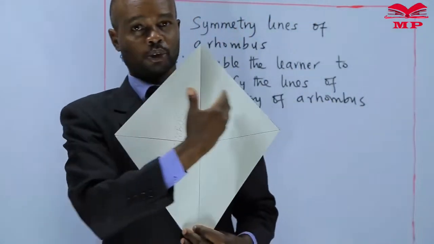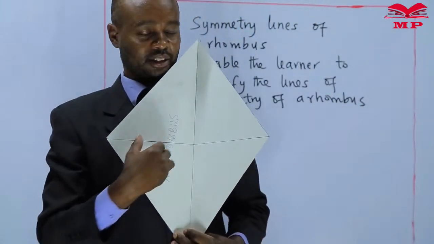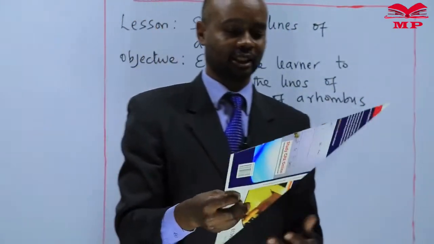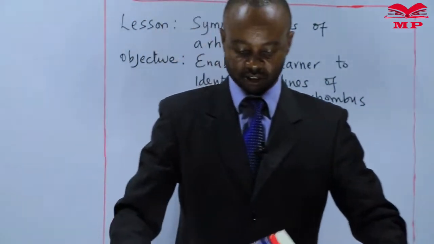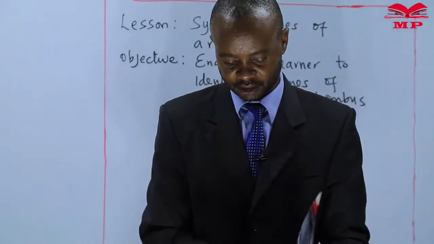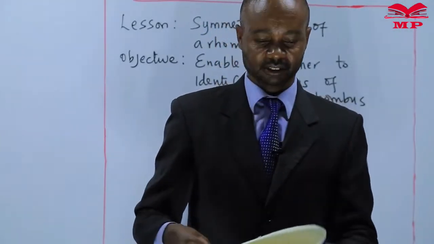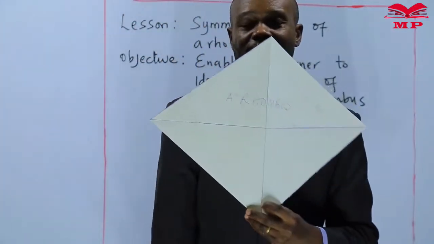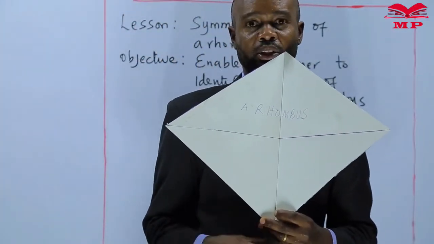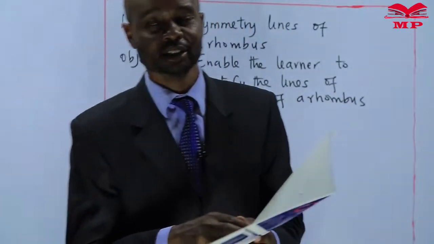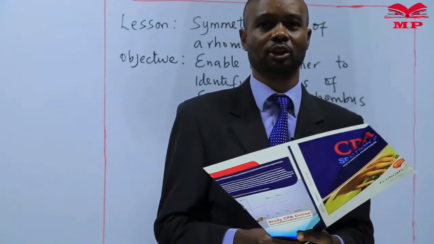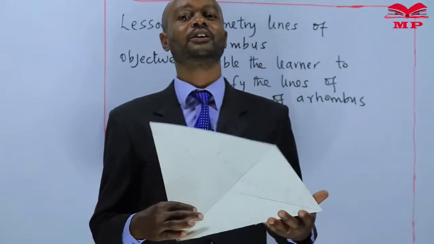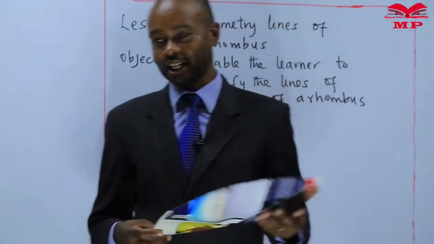Yes, because those two halves have similar proportions. I'll fold it along the shortest diagonal. Yes, I get two halves which are equal. So what is your conclusion? A rhombus will have two lines of symmetry, one along the shorter diagonal and the other along the longer diagonal.